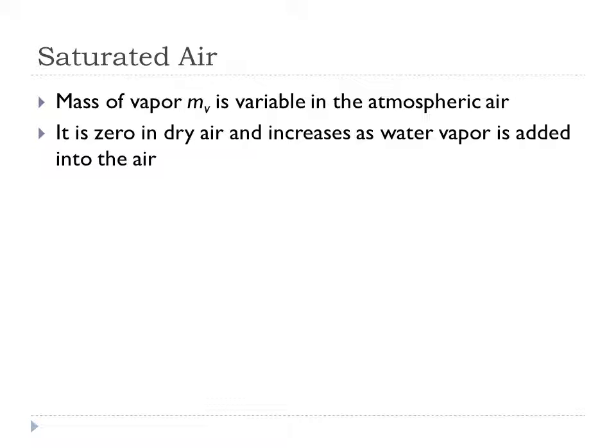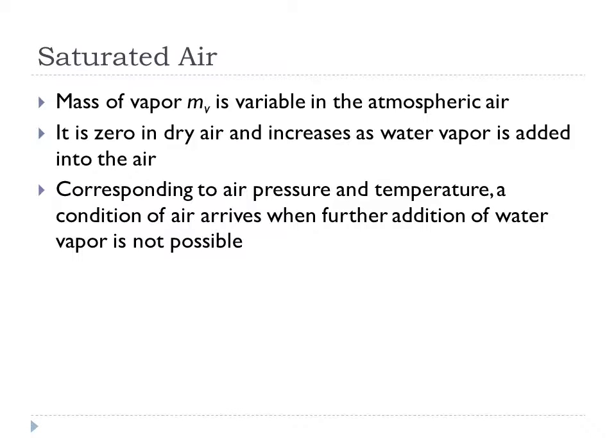And this addition of water vapor could be done by vaporizing water body in the air. So, corresponding to the air pressure and temperature, a condition of air arrives when further addition of water vapor is not possible.